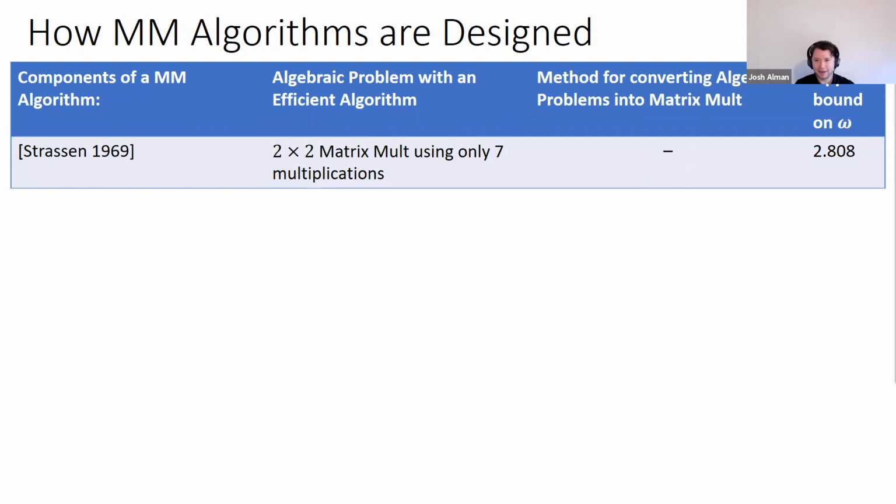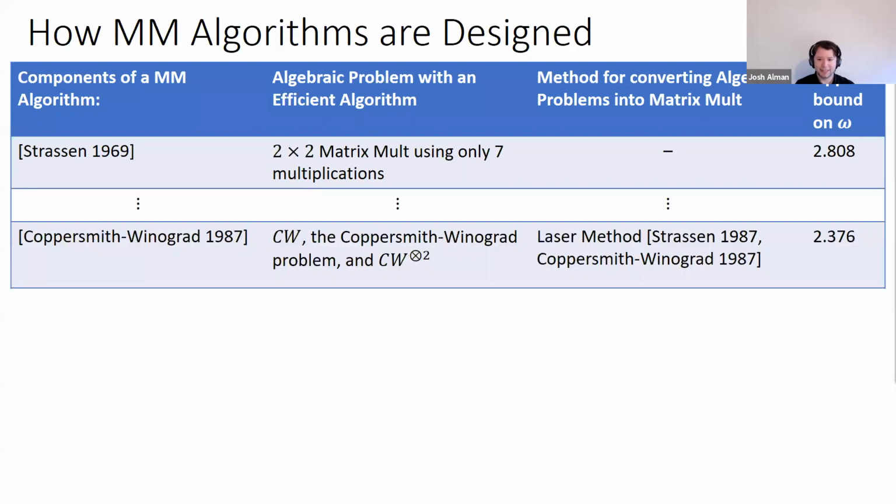Since Strassen's work and Pan's work, there have been a lot of results on improving both the problems and the methods, leading up to the seminal work of Coppersmith and Winograd in 1987. They introduced a problem called the Coppersmith-Winograd tensor, which is kind of a weird problem.